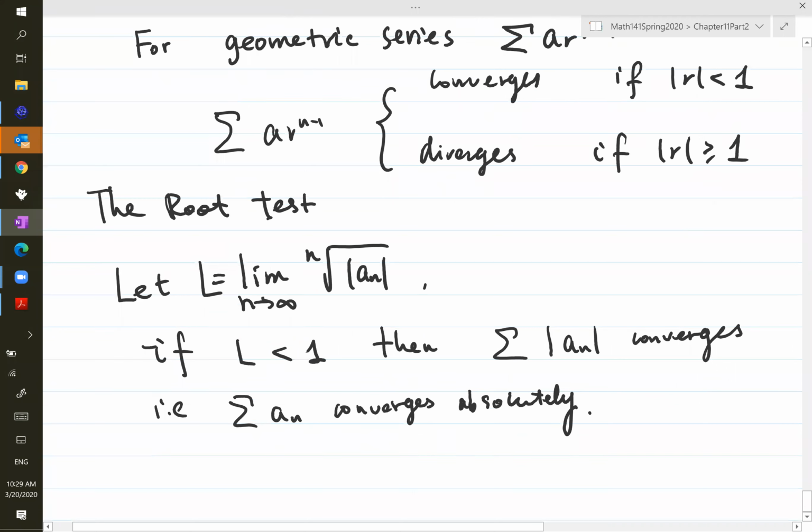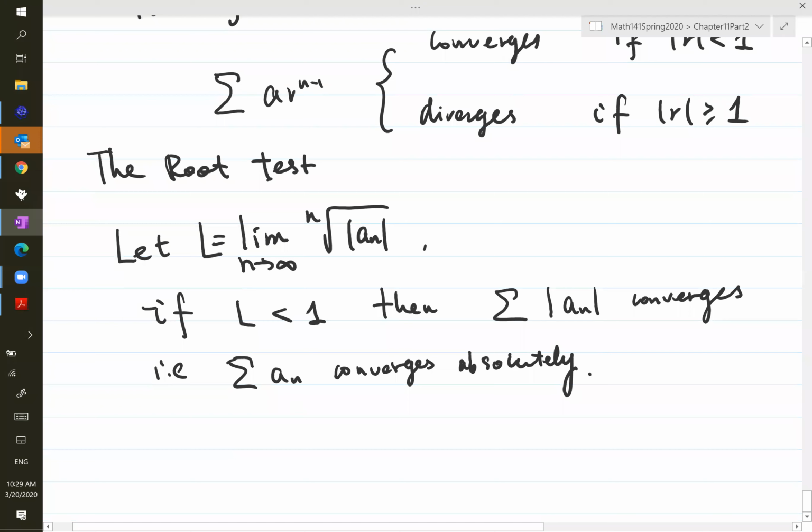So the given series is bounded above by a geometric series. The geometric series converges, so the given series converges. This is the idea of the root test.